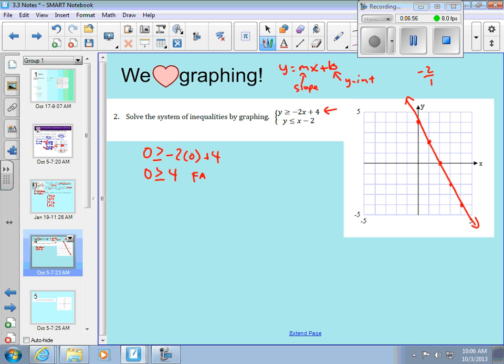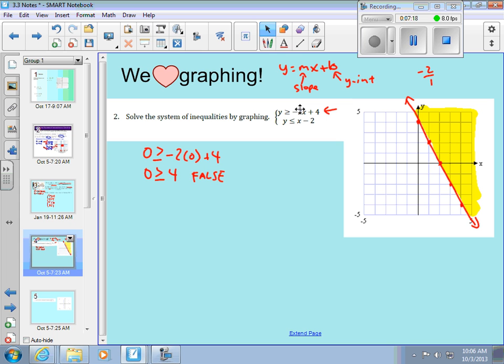That is false. So 0, 0 did not work, which means we want to shade on the opposite side of that line. So our shading needs to occur opposite where 0, 0 is. So everything in this region.